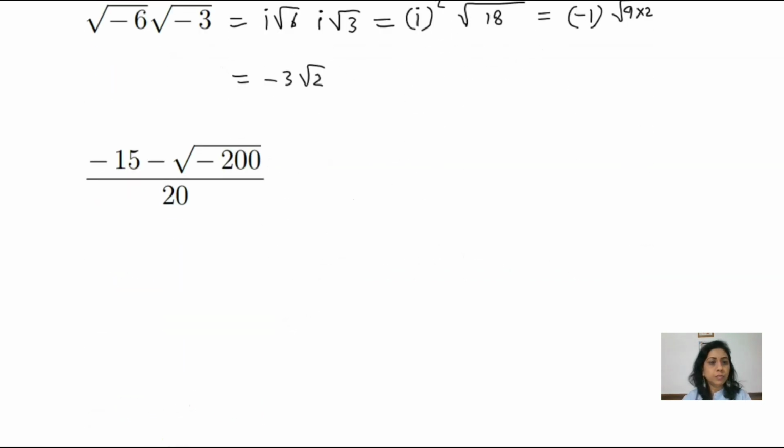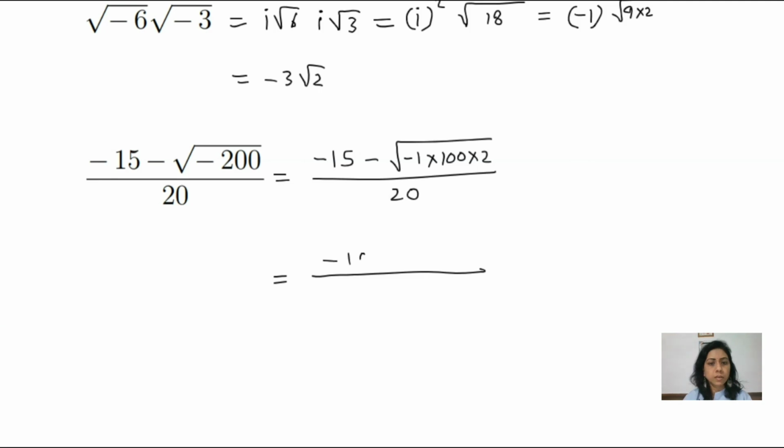In the fourth question, also solve this first in terms of i and then simplify. So -15 minus square root of -1 times 100 times 2, divided by 20. So -15 minus, here square root of 100 is 10 and square root of -1 is i, and inside the radical, 2.